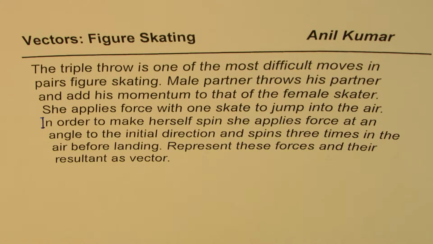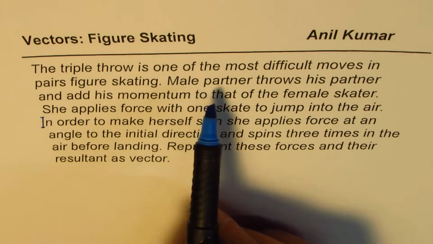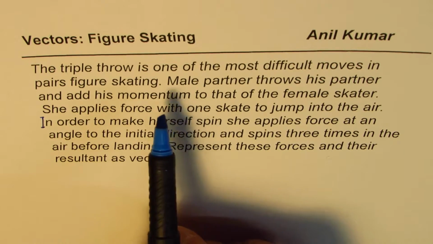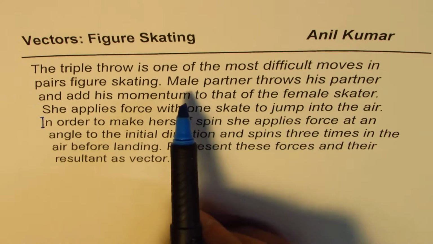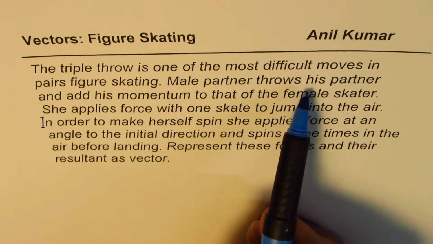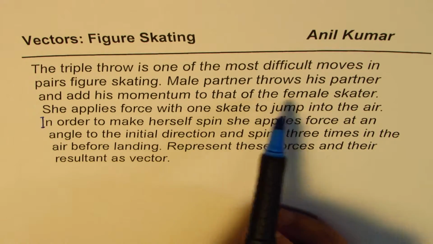So that's very interesting. What we will consider here is R3 vectors in 3 dimensions. Now let's take the skating of these partners on the floor. Let's first analyze these statements. Male partner throws his partner and adds his momentum to that of a female skater.